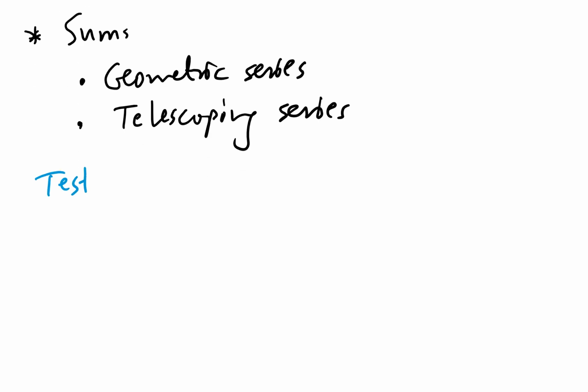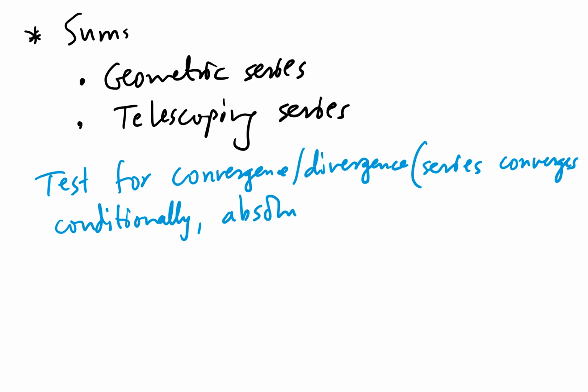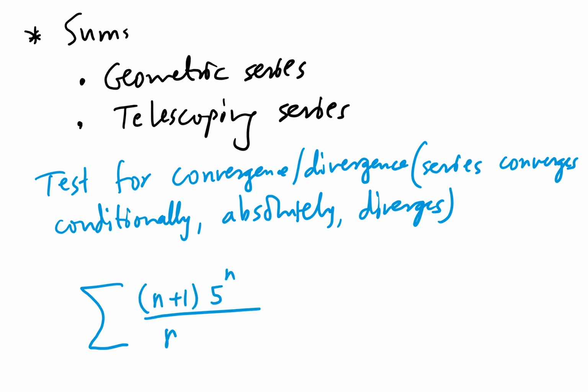You might be asked to test for convergence or divergence, and we take into account that some series might converge conditionally, absolutely, or diverge. The series is (n+1) 5^n over n times 3^(2n), as n runs from 1 to infinity.